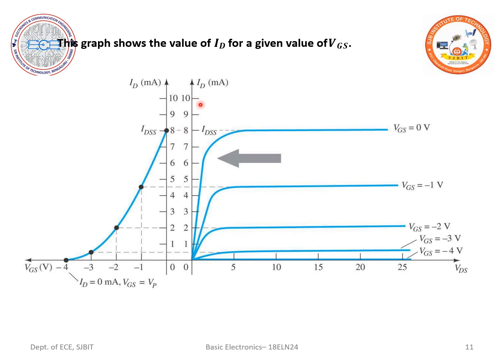Getting the difference? The transfer characteristic is the plot of ID versus VGS by keeping VDS as constant, and the drain characteristic is the plot of ID versus VDS by keeping VGS as constant.